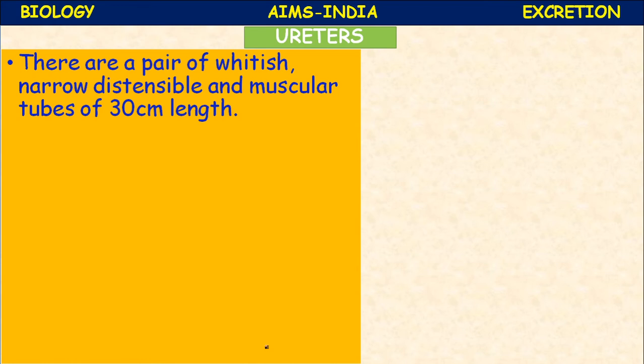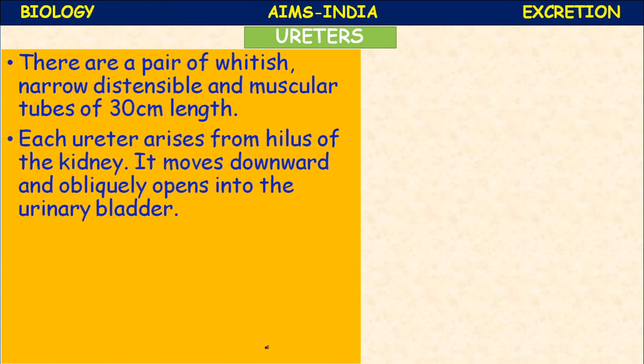Now let us discuss the remaining parts of the excretory system, that is the ureter. There is a pair of whitish, narrow, distensible and muscular tubes of 30 centimeter length. What is the length of the ureter? 30 centimeter on average. Each ureter arises from a fissure of the kidney, that is the hilus of the kidney.